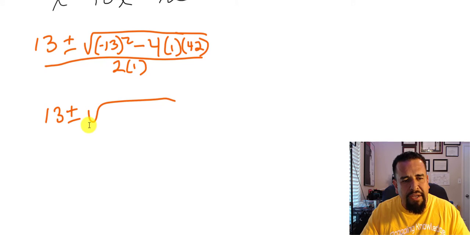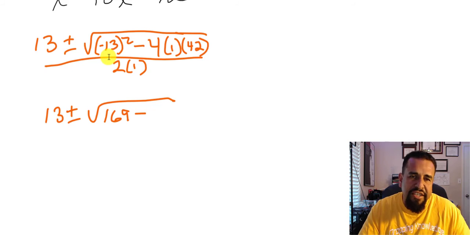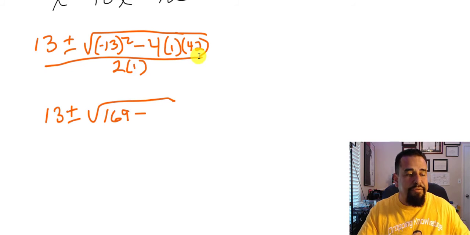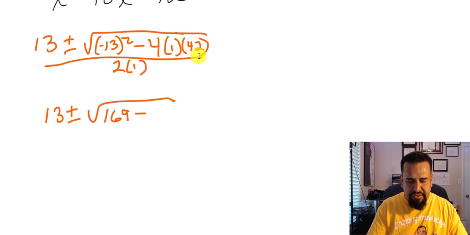13 plus or minus the square root of 13 squared, I believe, is a positive 169. 13 squared, 169, that's a common number. And then you got negative 4 times 1, which is negative 4, times 42. That's not a negative number, so let's do 4 times 42.